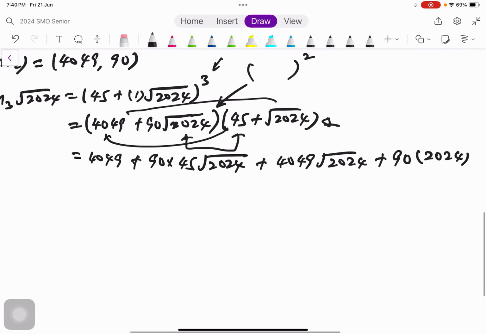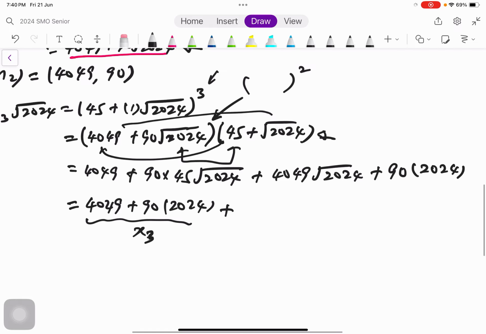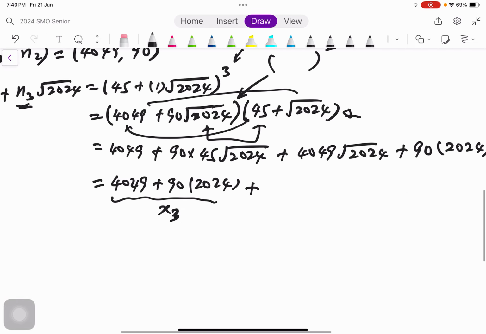Therefore, you get this 4049 times 45 plus 90 times 2024, which is actually your x3. And then what is your n3? It is just 90 multiplied by 45 plus 4049, and then this is the square root 2024 coefficient.